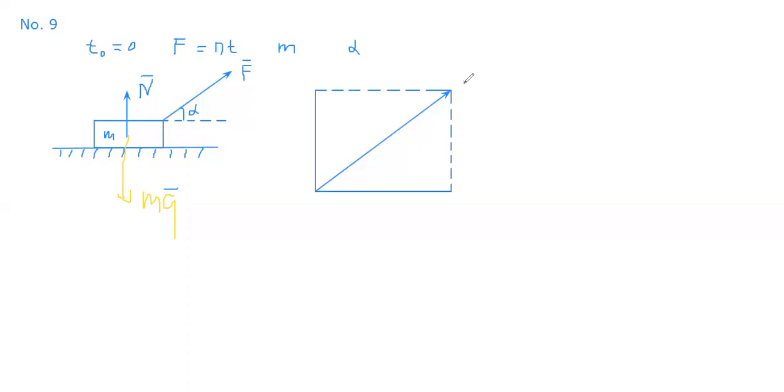So this is vector F. This angle is equal to alpha, and here we can represent force F with the sum of two forces.